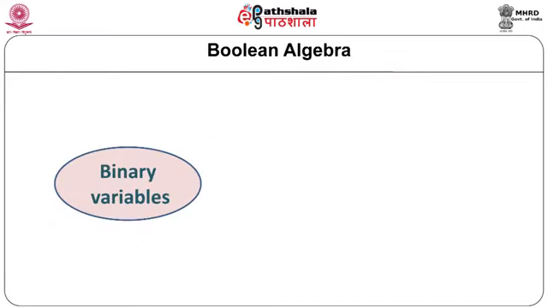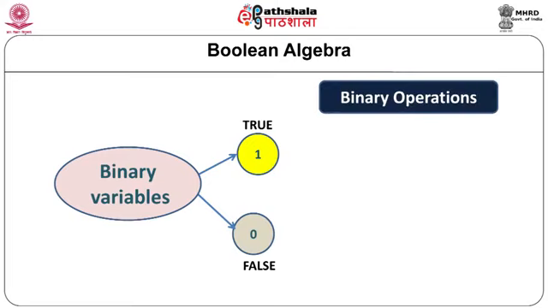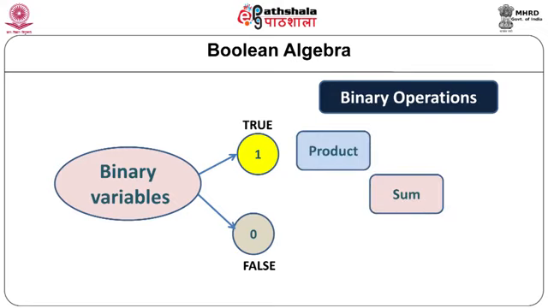In Boolean algebra, binary variables can take either of two values, 0 and 1 or true and false, whereas in traditional algebra a variable can have any value up to infinity. There are three basic operations: Boolean product, Boolean sum and Boolean complementation.